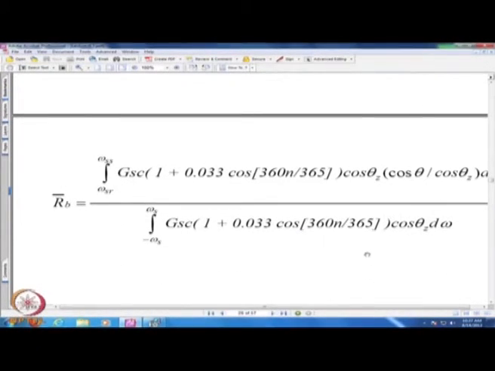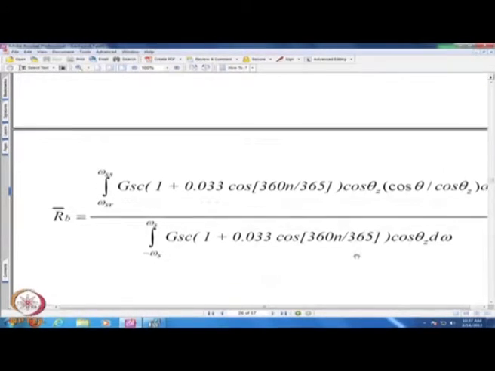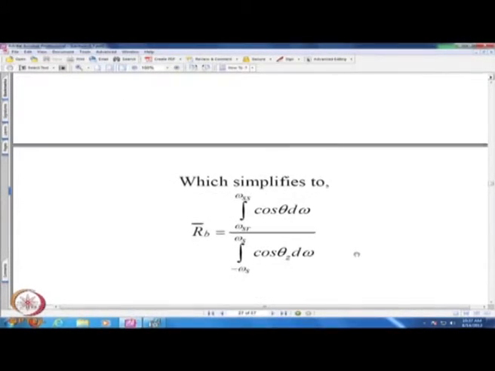If we expand G_0 with G_SC, it is a very easily integrable quantity. It simplifies to, surprisingly, the integral of cos theta d omega by the integral of cos theta z d omega, integrated of course from apparent sunrise to apparent sunset.